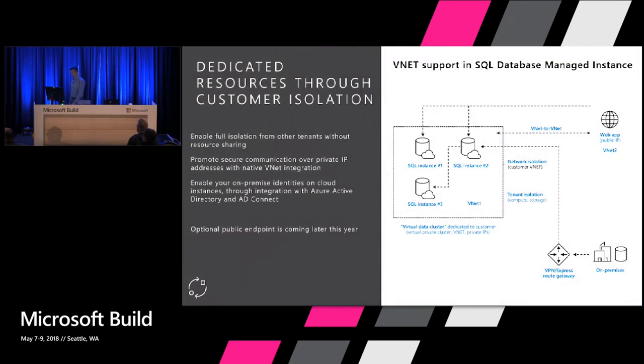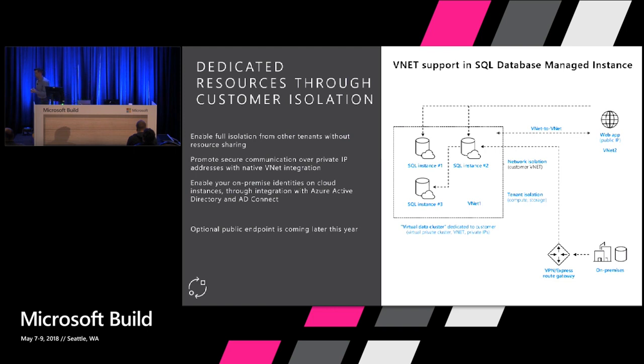Now let's talk about the virtual network integration and security. This is more of an explanation of what I already mentioned, that your instances are deployed and connected to your virtual network at the networking level, right? That means they are fully contained, and the traffic going in and out of your network is fully under your control.